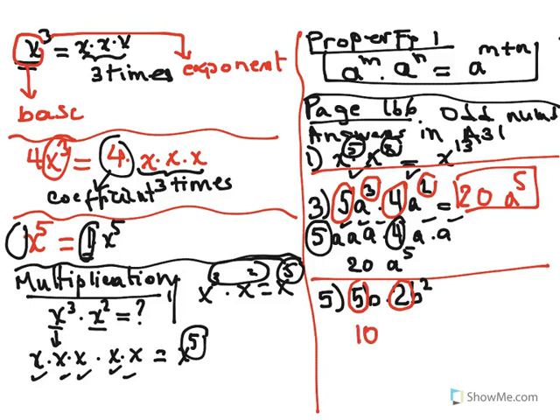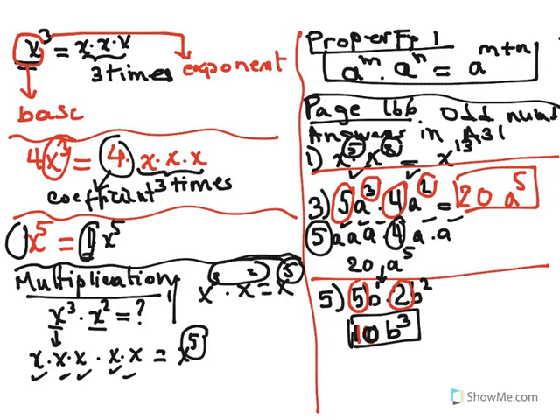Now, I want you to note that this b, you don't see an exponent. When you don't see an exponent, we have the exponent of 1. So that would be b to the 1 times b to the second is b to the third. So the answer is 10 b to the third. That's the answer for number 5.